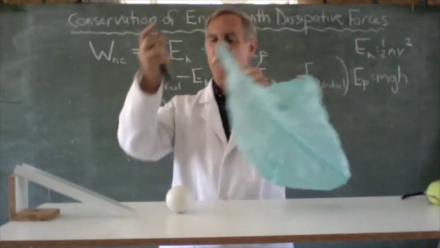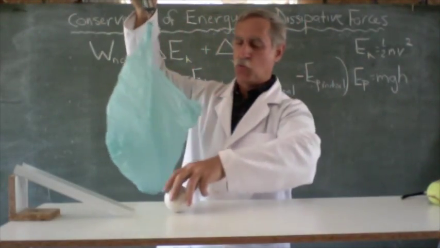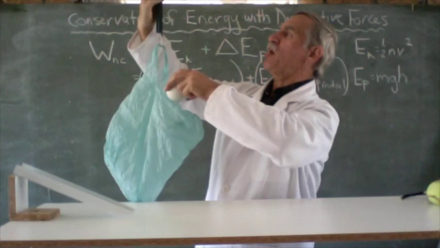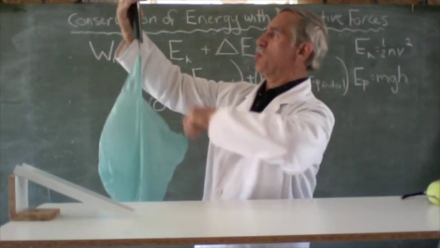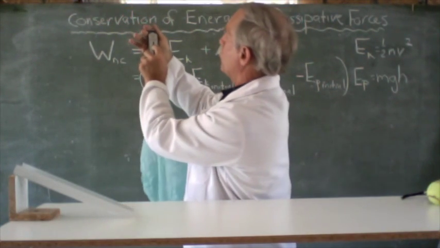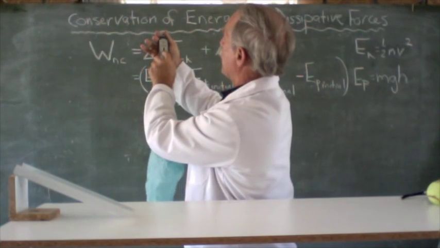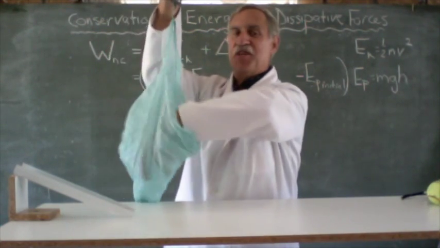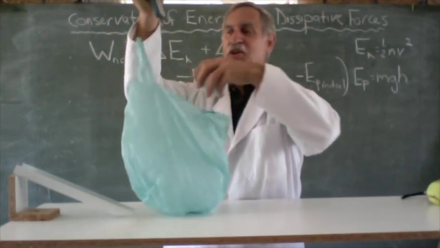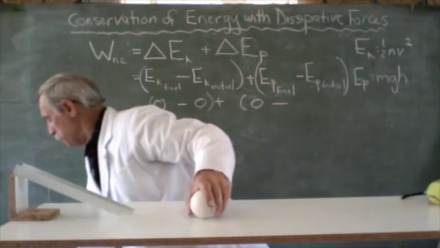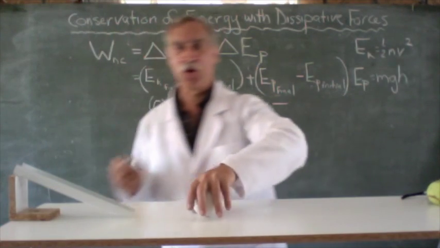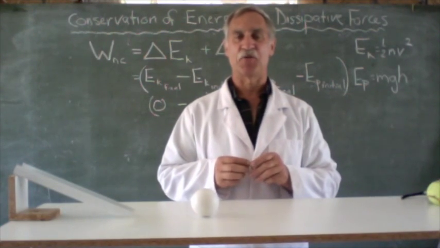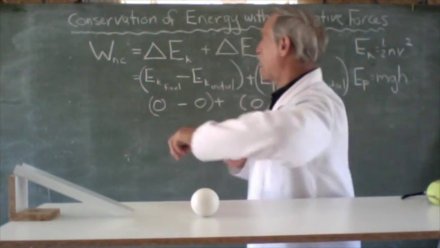Here is a bag, and let's weigh this ball. Our spring balance has been zeroed, we drop it in there, and we read it, and it comes to 70 grams. 70 grams is the mass of our ball.